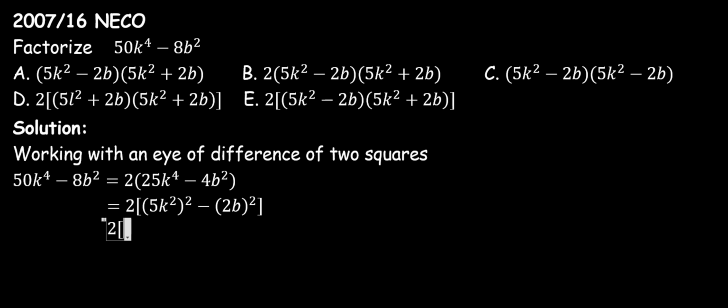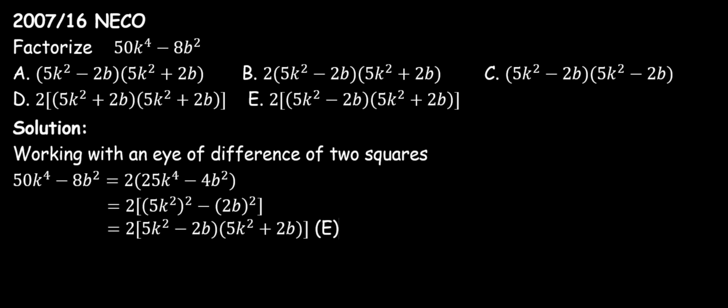Next, since we have achieved the result of x² − y², we can now proceed to say our given expression becomes (5k² − 2b). Don't forget to write out your 2 that is factored out of the bracket, and that is how far we are expected to go in this given problem.